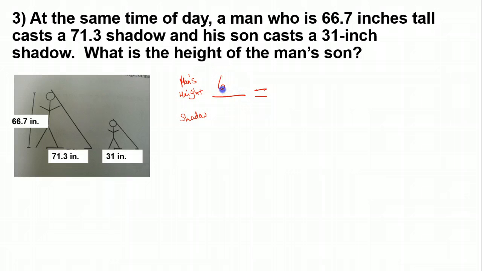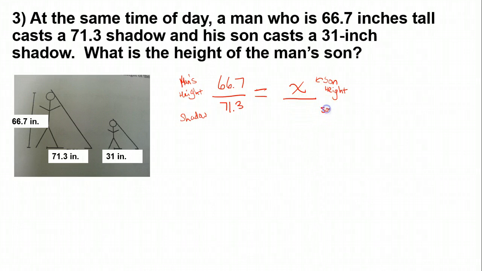So the man's height is 66.7, and his shadow is a 71.3 inch shadow. His son, we don't know his height, right? We're trying to find his height. What variable do you want to use? Most people just choose x, but you can use whatever variable you want.